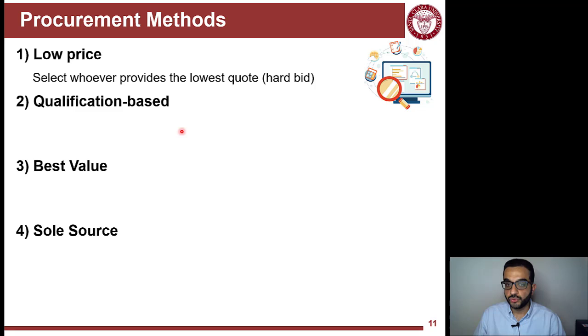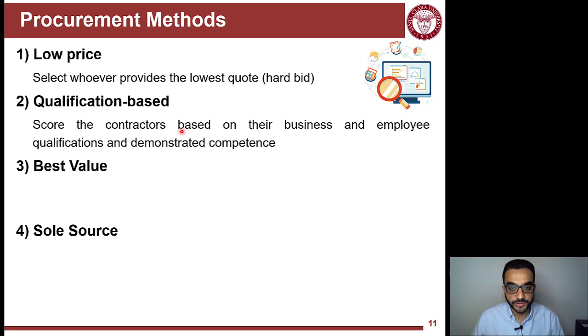Another way is qualification based. So I will go to the Yellow Pages or Yelp, whatever online resource can show the qualifications and recommendations of people who dealt with that plumber, and you would select the plumber that has the highest reviews, right? Reviews would be an indication of qualifications and competence. So you select people on perceived and demonstrated competence.